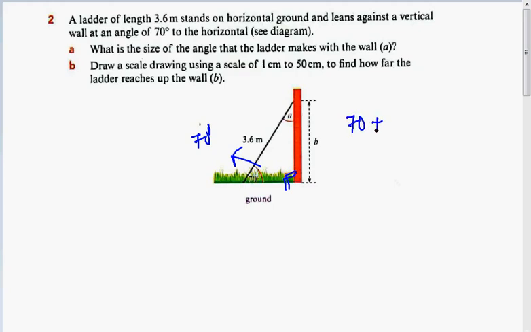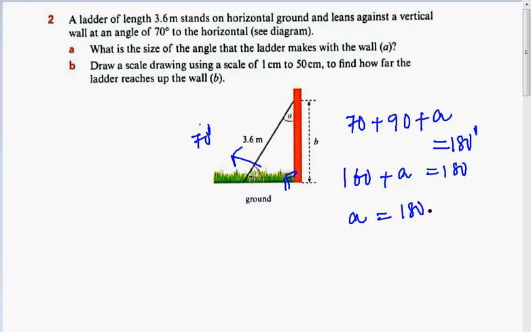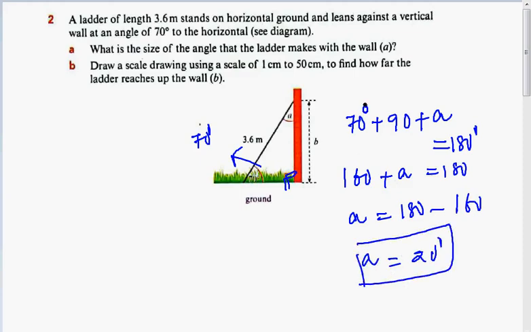So 70 plus 90 plus angle A is 180 degrees. 160 plus A is 180. So A equals 180 minus 160, which is 20 degrees. So A is 20 degrees.